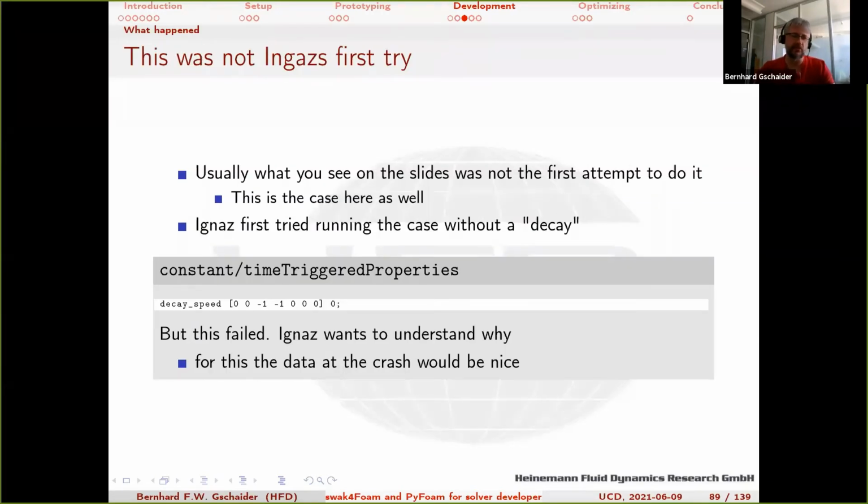Then he ran the case and he saw a crash, and he said, okay, it would be nice to see what exactly were the values at the time of the crash and what happened immediately before that. Then from looking at that, I could explain it.